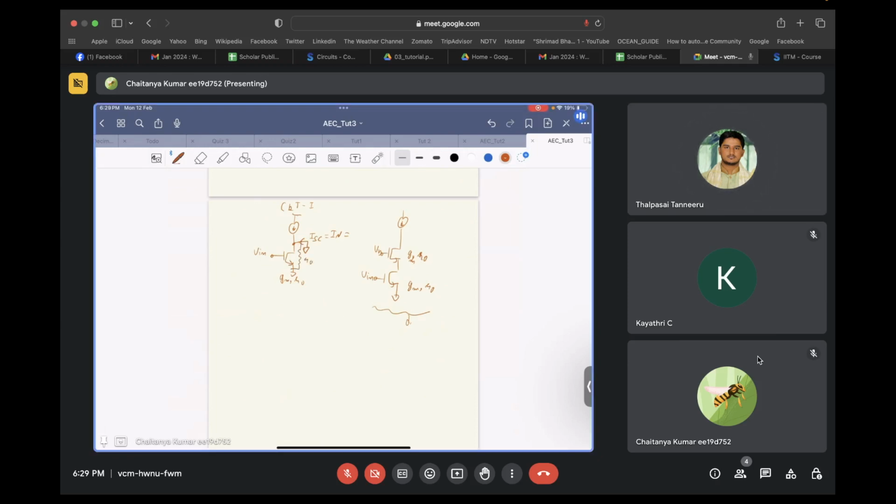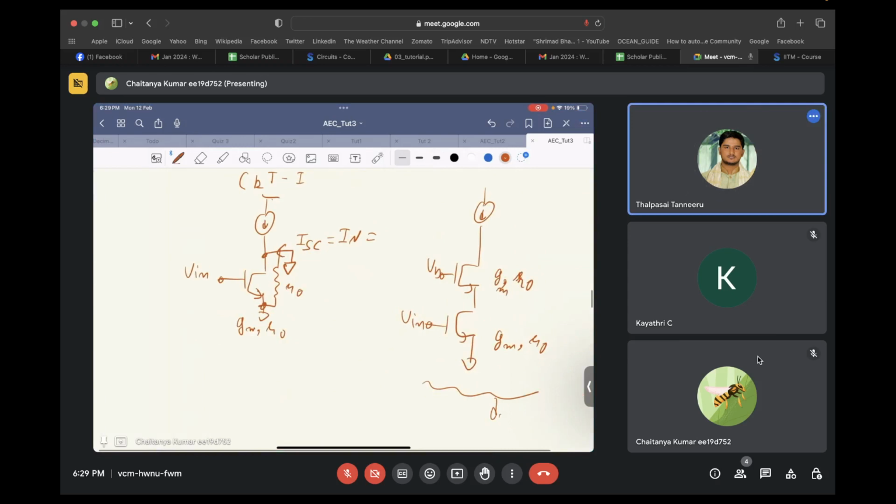Will there be any current flowing in ro? It is grounded on both terminals, right? So there won't be any current flowing into ro. What will be the current flowing in the transistor?